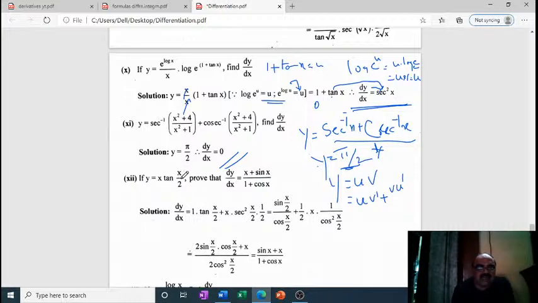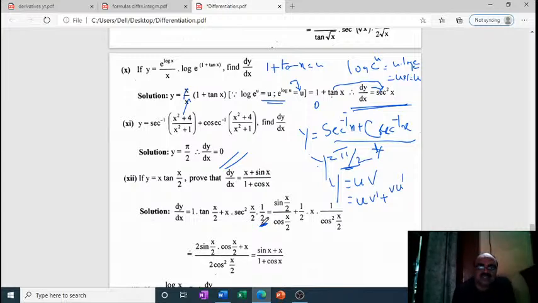So tan x by 2 into x differentiation, which is 1, plus x into tan x by 2 differentiation, which is secant square x by 2 into 1 by 2. This is important. In a hurry, we should not leave that. Don't just convert tan x by 2 as secant square x by 2 and proceed. Then the whole sum will go wrong.